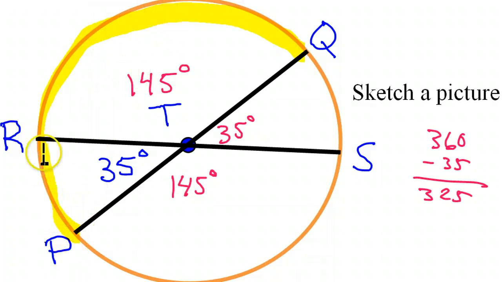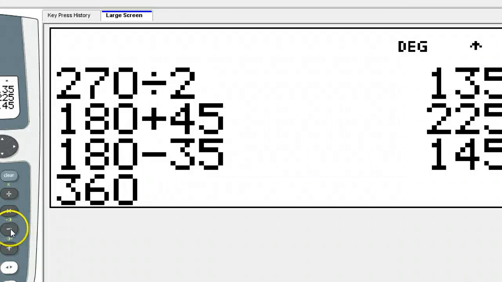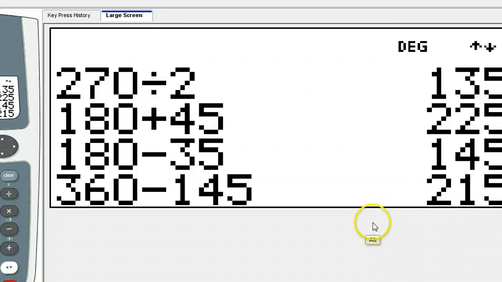Okay, PRS goes from P to R through R and all the way back around to S. Okay, so I could think of that as the entire circle except for 145 degrees. So in other words, I could think of that as 360 minus 145 degrees. So that's 215 degrees.